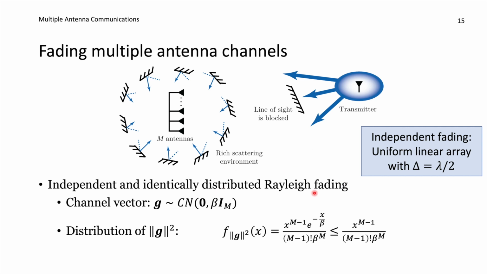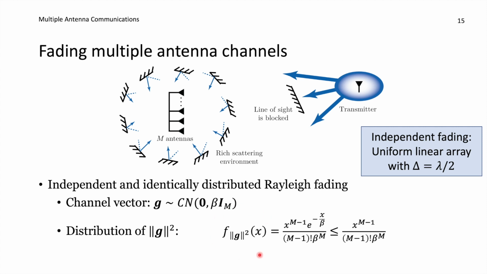We will utilize this model to study the outage probability, and we know that in the capacity expression, the squared norm of g is showing up. And one can show that when the channel vector has this distribution, the squared norm has this probability density function. This is known as a chi-square distribution, or actually a scaled chi-square distribution because the variance is allowed to be just any number here.